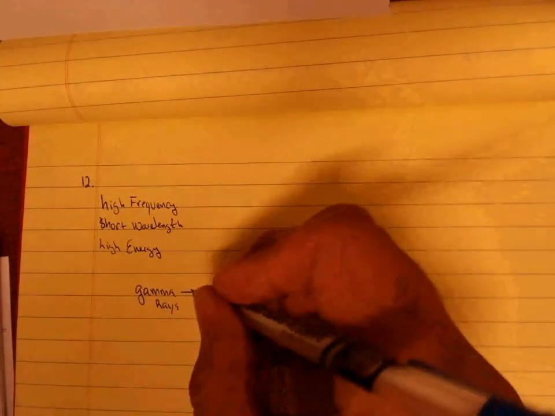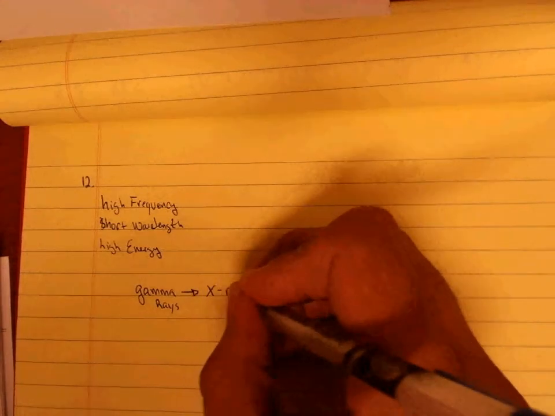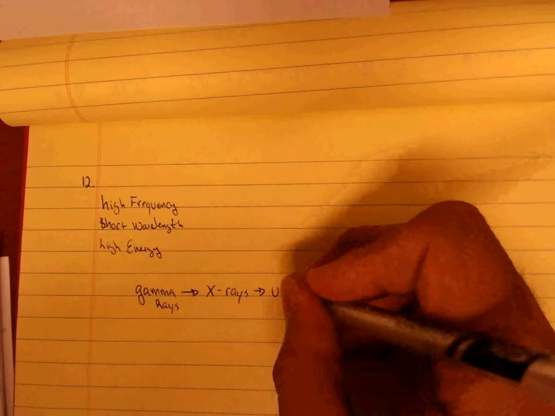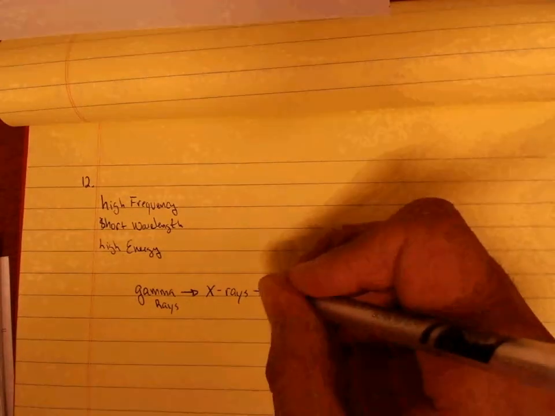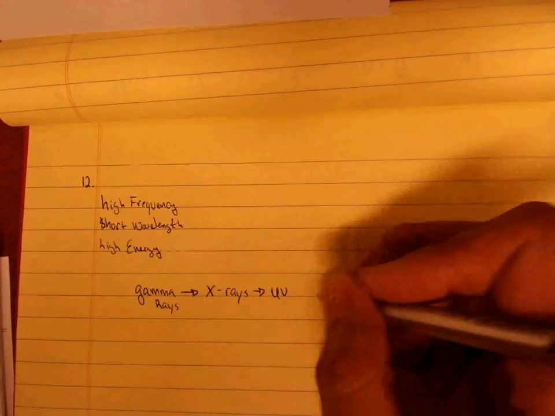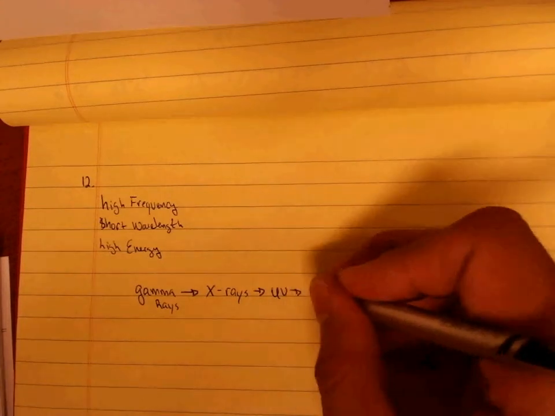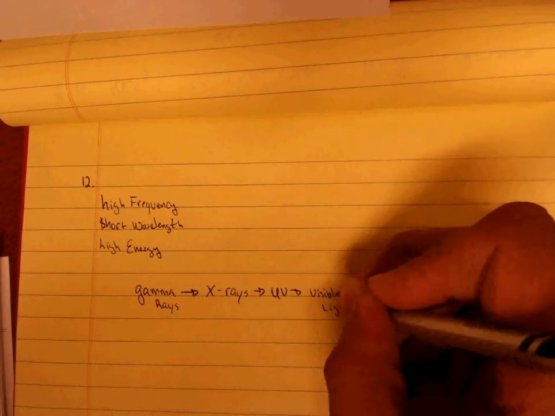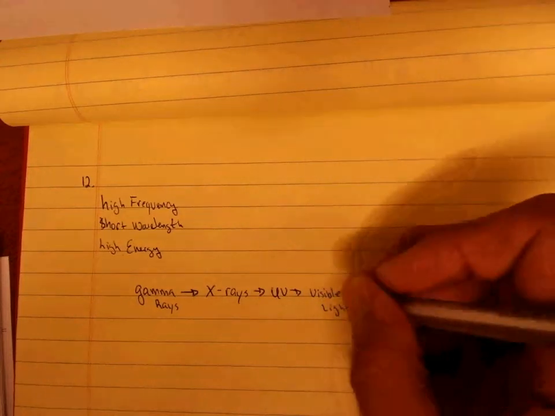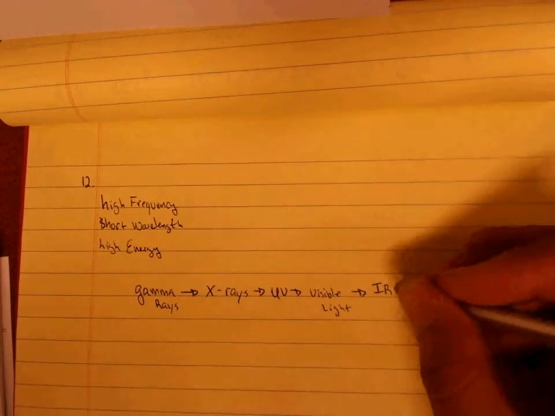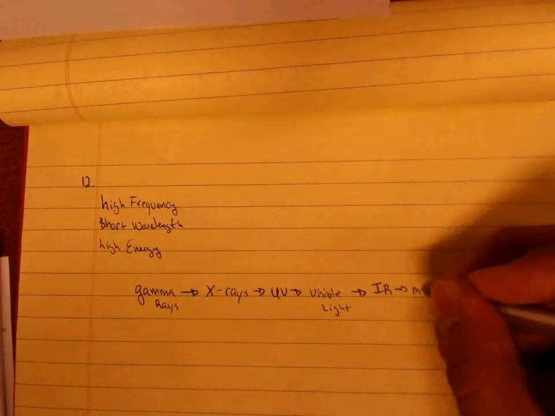The next one in the list would be X-rays. The next one would be UV, ultraviolet radiation. There you go, UV. Then we go to visible light. After visible light, we have infrared. Then we have microwave.